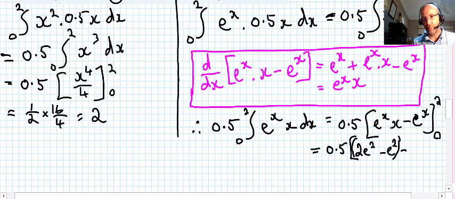Okay, so the first term will be 0 when we sub in 0 because x is 0, and the second term will be e to the 0, which is 1, so that's 0 minus 1, which is negative 1 there.